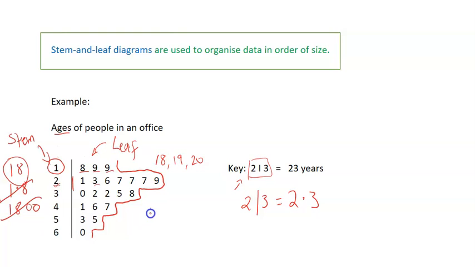So notice it's not like 1 with the line and then 8, 9, 9, and then 2 with the line 1, 3, 6, 7, really spread out. You can see that everything has vertically lined up nice and neatly, perfectly.